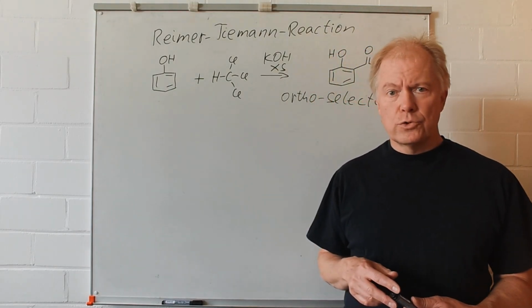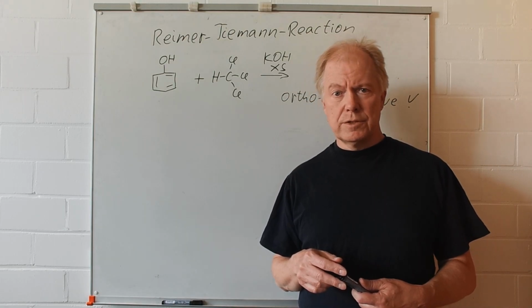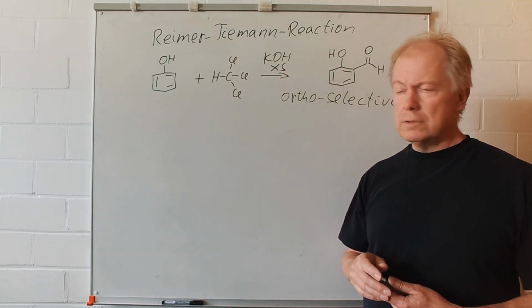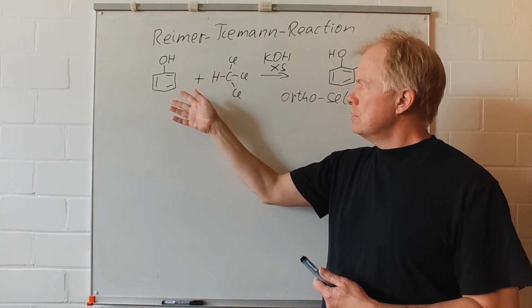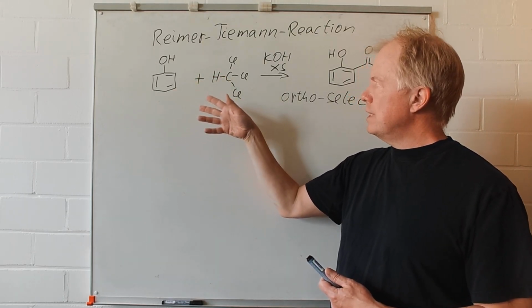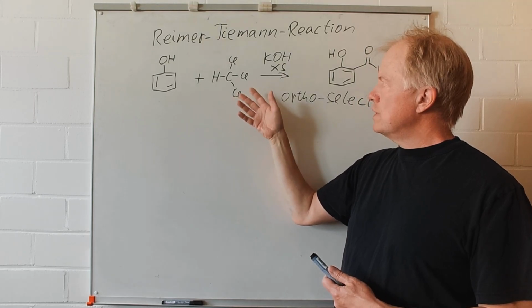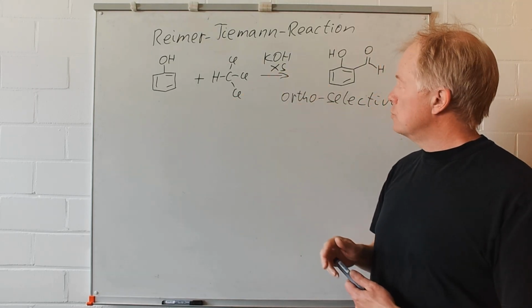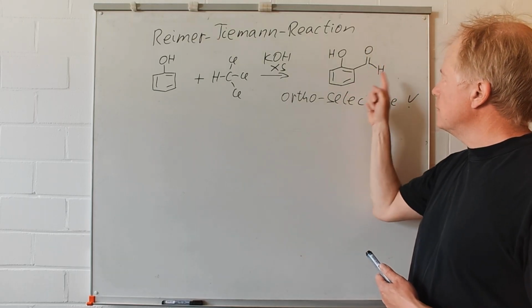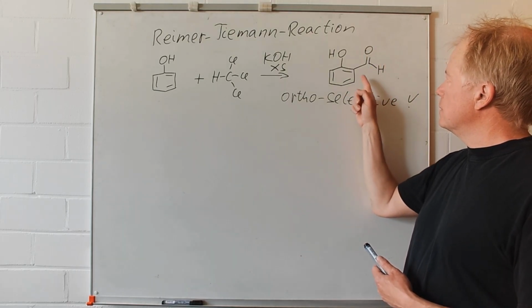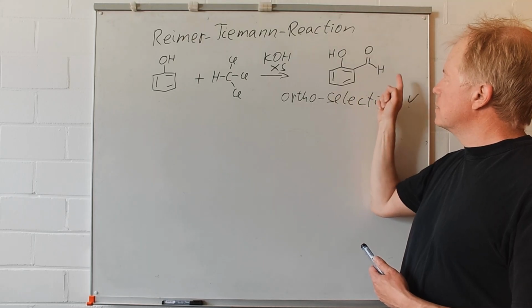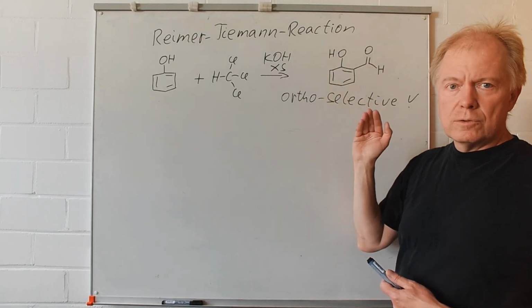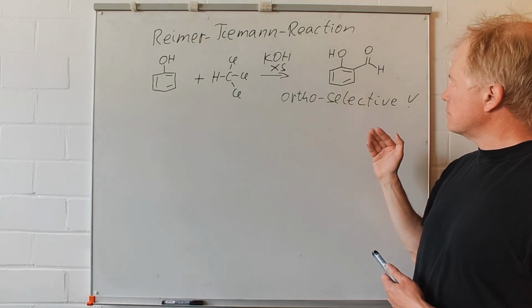In today's tutorial we will discuss mechanistic details of the so-called Reimer-Tiemann reaction. A phenol as substrate reacts in the presence of chloroform and an excess of potassium hydroxide, finally to give salicylic aldehyde, of course after protonation.